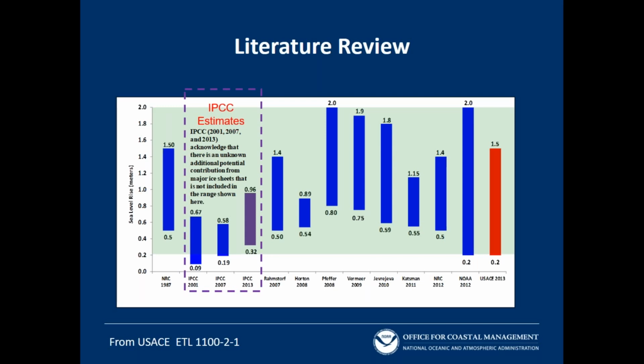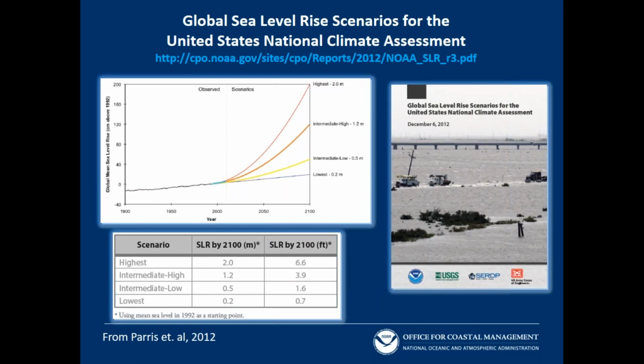So there was a team of folks that looked at all of the literature and all the projections, some empirically based, some statistically based, and some based on climate outcomes or climate models. And these are the IPCC estimates that didn't take into account ice melt, and then you have everything else, some of the names you hear, Vermeer, Rahmstorf, Pfeffer, and then they basically came up with this report.